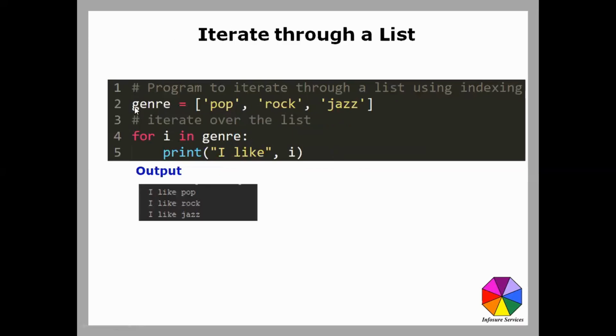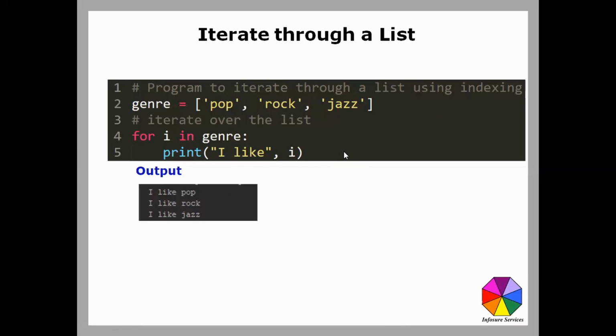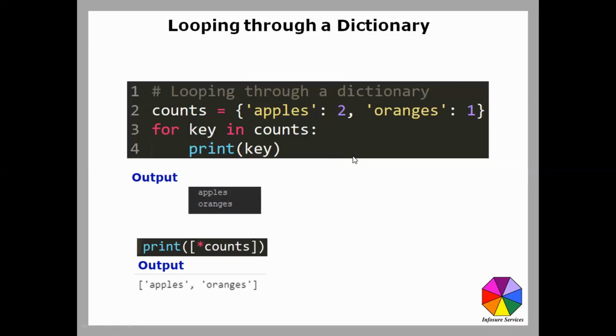Another case, I have a list of music genres: pop, rock, jazz, and here is another loop: for i in genre. So this is a list. Print I like pop, I like rock, I like jazz. We will come to dictionary later, so we'll park here. This dictionary is another data type.